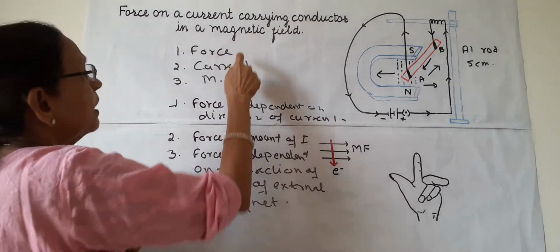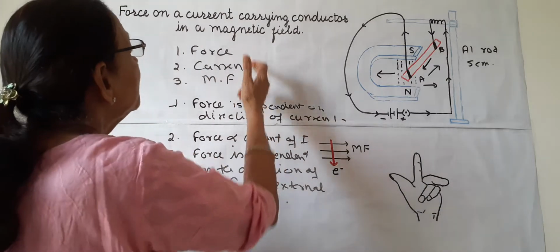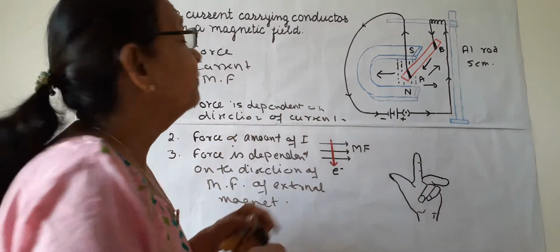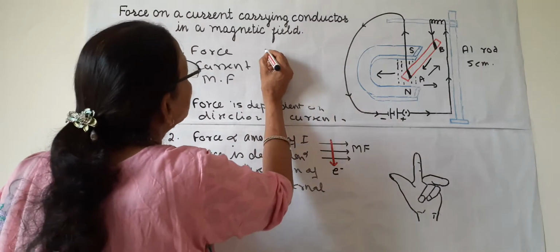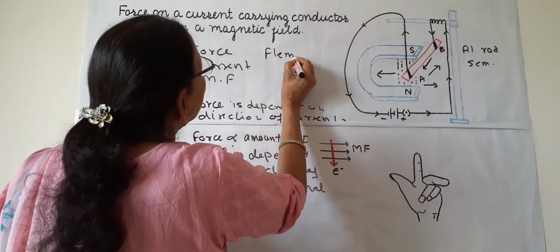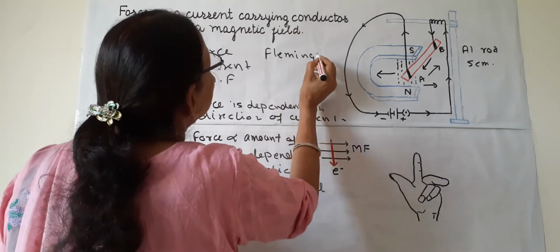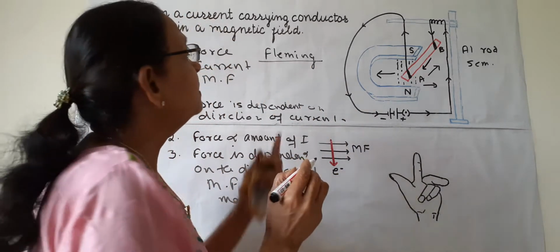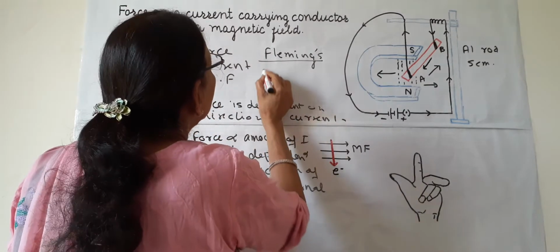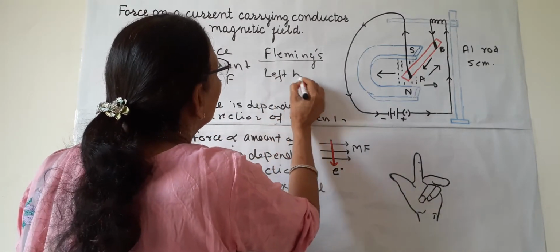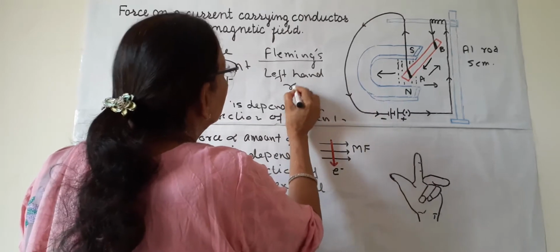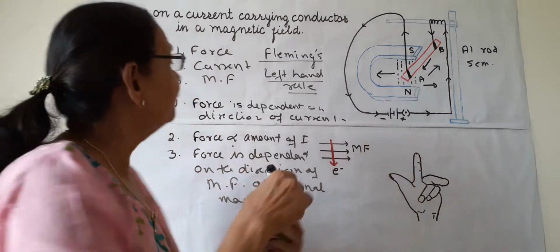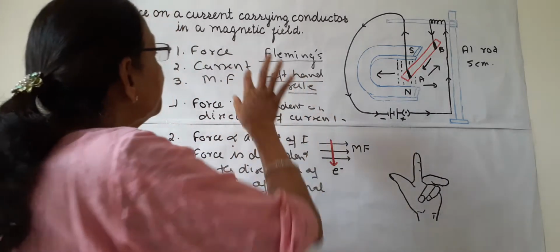We want a simple rule to demonstrate the relationship between these 3. And this rule is proposed by the most famous scientist, Fleming. The rule is known as Fleming's left-hand rule. This rule suggests the direction of these 3 but not the magnitude of the force.